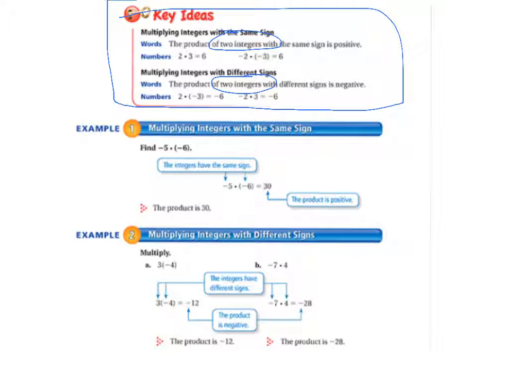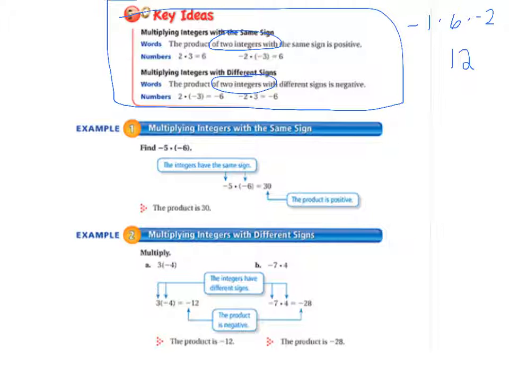So for example, if you were multiplying -1 times +6 times -2, you would multiply the numbers as normal. 1 times 6 is 6 times 2 is 12.